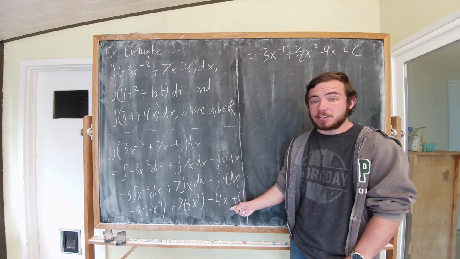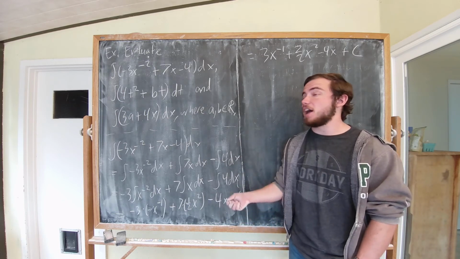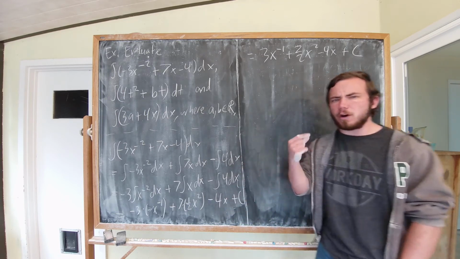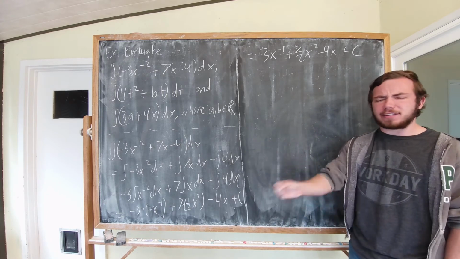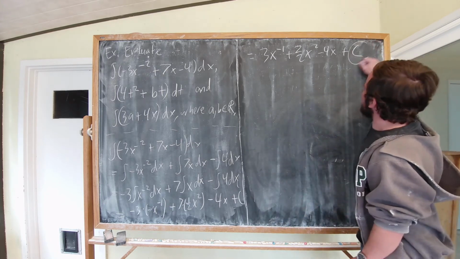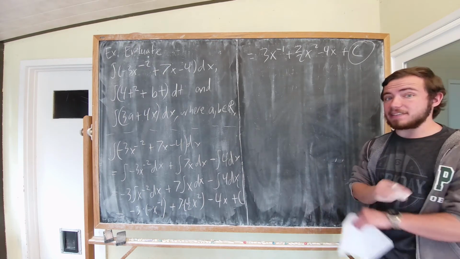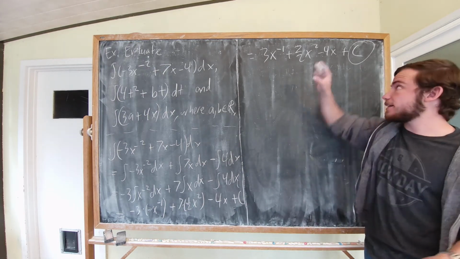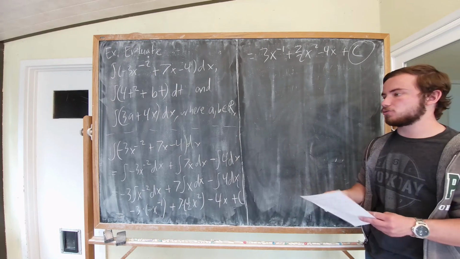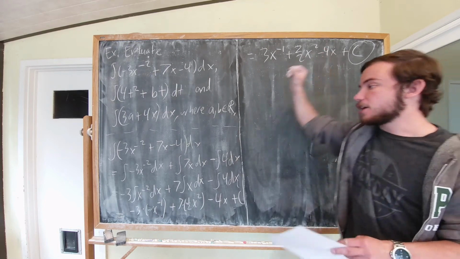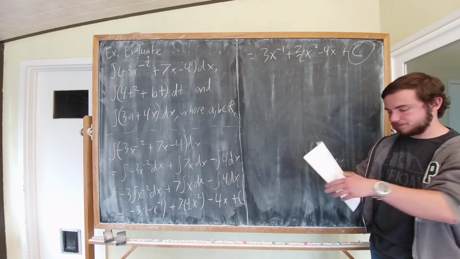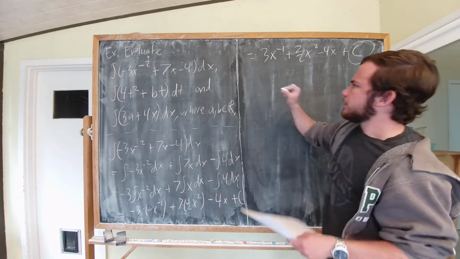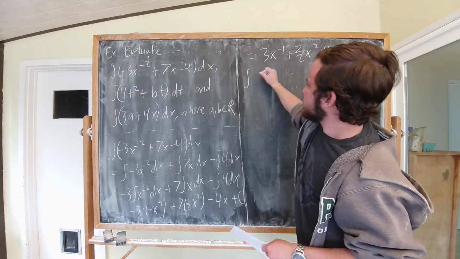Subtract away another constant, still just another constant, right? It's all one big constant. So why bother writing a bunch of different plus c's? We're just going to put the one at the end, and that takes care of all of it, and would still hold true, because if you took the derivative of this, you would still get back that. So that's nice. Alright, let's do that second integral.